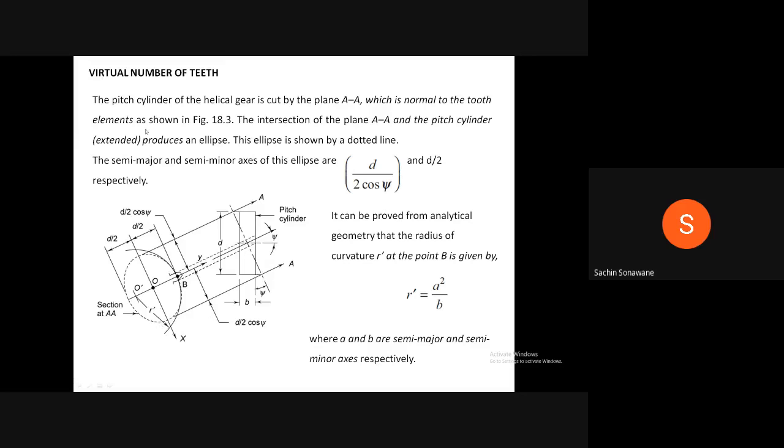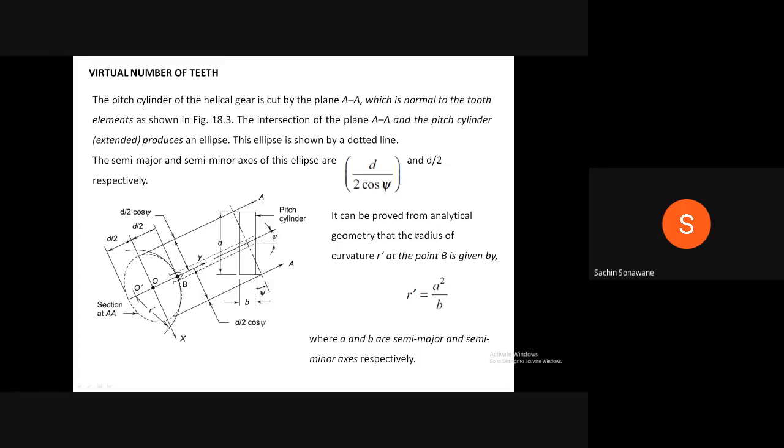Now the pitch cylinder of the helical gear is cut by the plane AA, which is normal to the tooth elements as shown in the figure. The intersection of the plane AA and the pitch cylinder extended produces an ellipse. This ellipse is shown by a dotted line. The semi-major axis and semi-minor axis of this ellipse are d by 2 cos psi and d by 2 respectively.